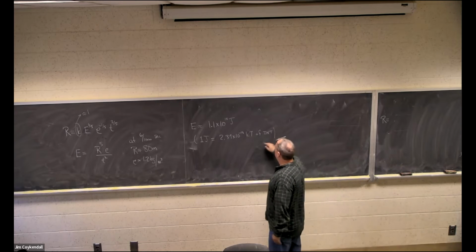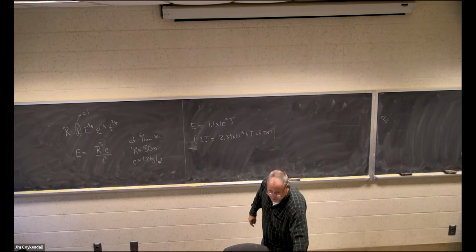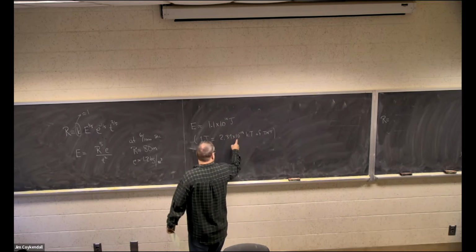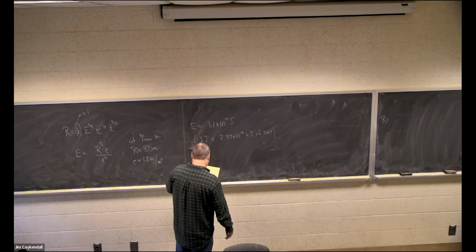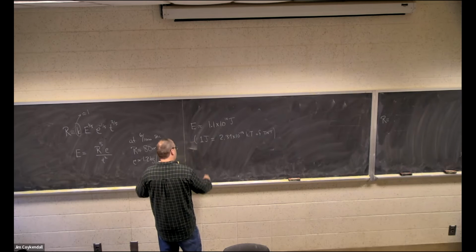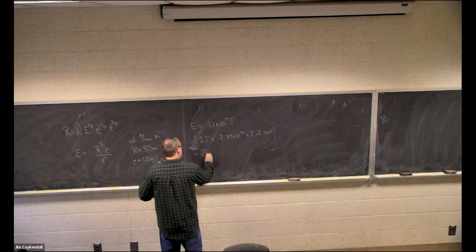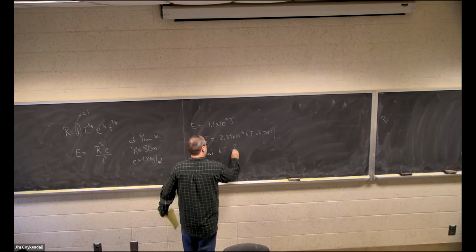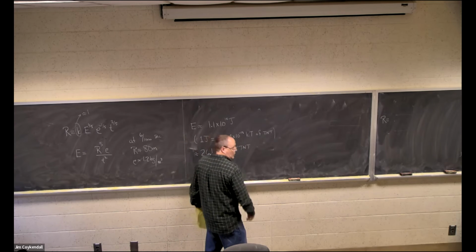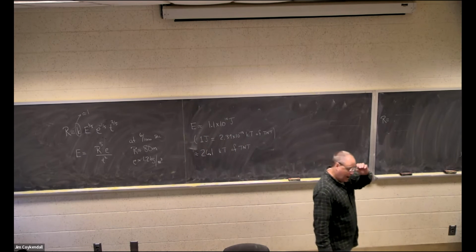So if you transfer this unit of joules into kilotons, I got about 26.1 kilotons of TNT. That would have been the yield of that bomb.